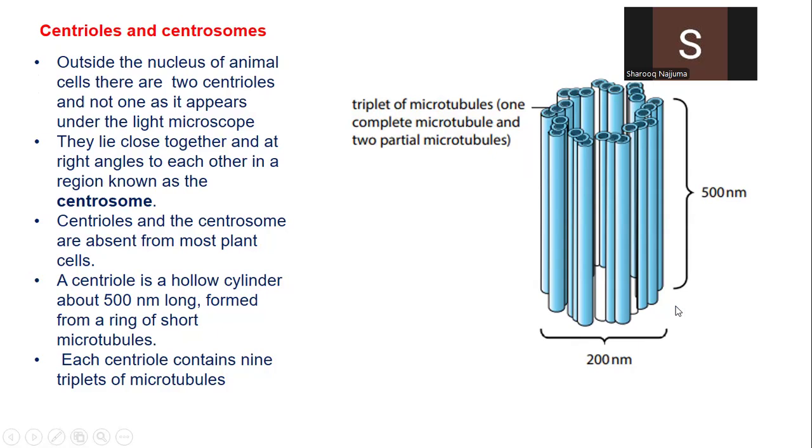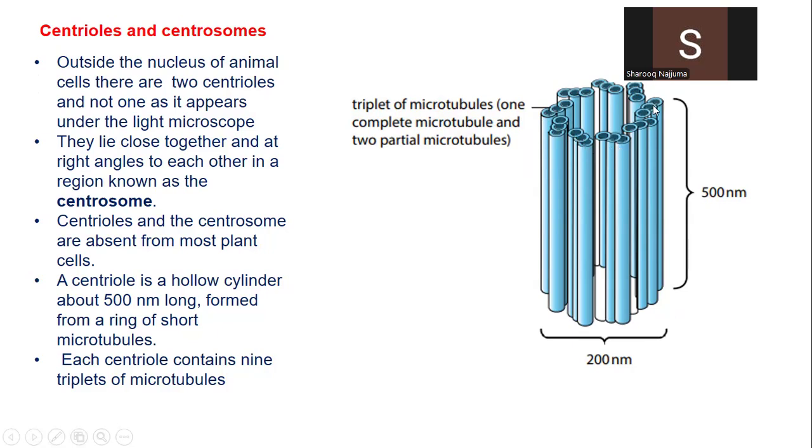Centrioles are made up of microtubules. So this is one microtubule, another microtubule, another one, another microtubule. The microtubules are arranged in triplets. Every centriole is made up of 9 triplets of microtubules. If we count them, this is our number 1, 2, 3, 4, 5, 6, 7, 8, 9.